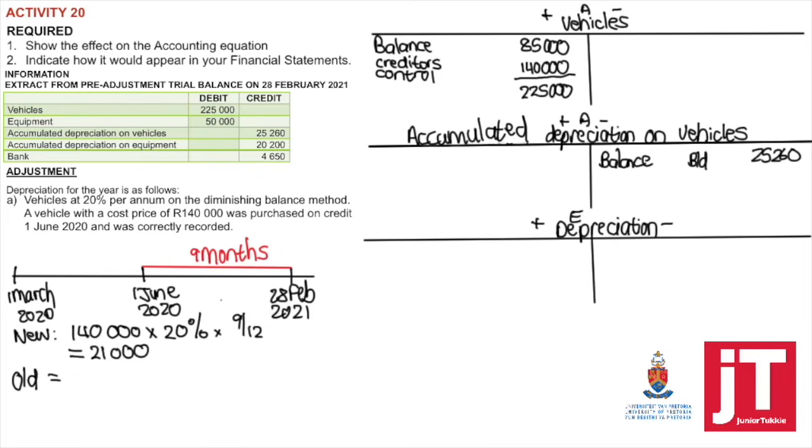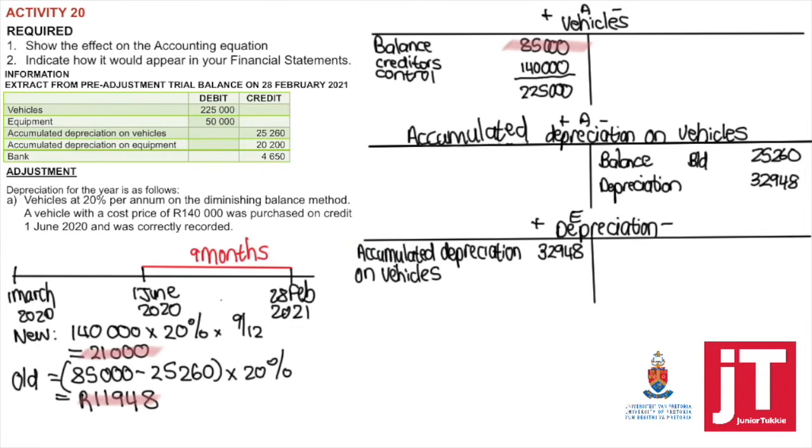To calculate on the old or the remaining, we have to use the balance in the beginning, which we've calculated, the $85,000, but now we need to subtract the accumulated depreciation on vehicles in the beginning so that we can get the book value, and then we can times it by 20%.